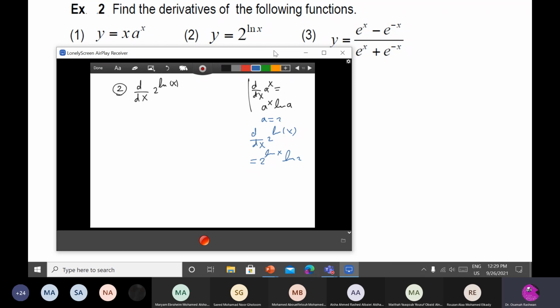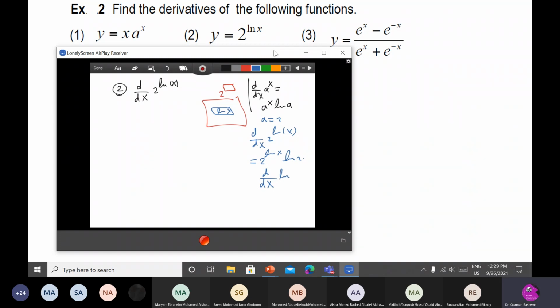Did you finish? No, I didn't finish. This is multiplied by what? Multiplied by d by dx of the power. Okay? Because I have two boxes. The big box is 2 to the power, and the smaller box is the power itself, ln x. This is a chain rule.